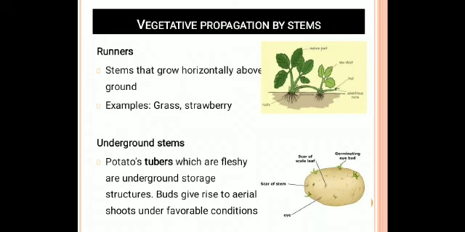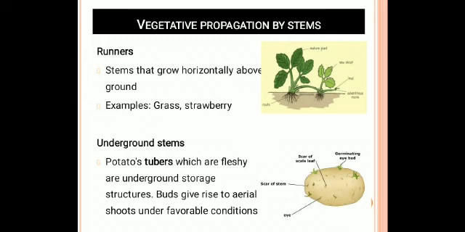If you take the example of potato, the potato tuber is fleshy underground storage. The buds give rise to aerial shoots under favorable conditions. Sometimes at home we can see that the potato has small eye-like structures, which are called buds.